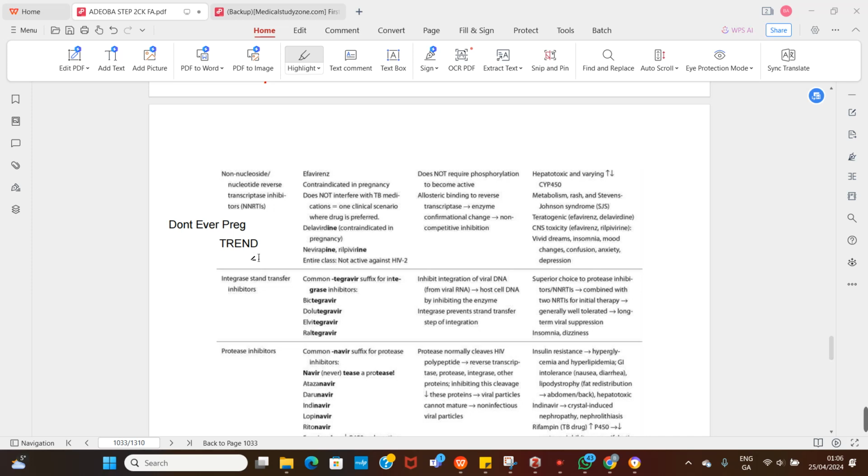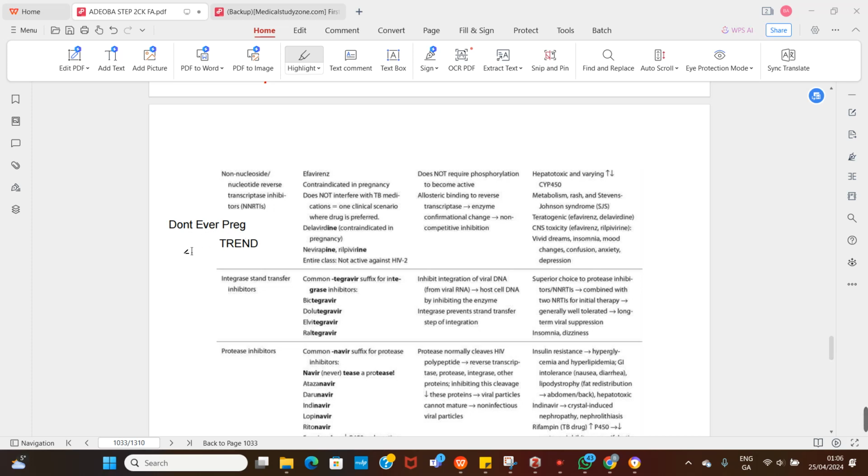Think about the REND. The R for the rilpivirine, the E for the efavirenz, very common. The N for the nevirapine, the D for the delavirdine. So before we proceed to their mechanism of action, it is important for us to remember: don't ever use in pregnancy. Don't ever use the first D, the first E in pregnancy.